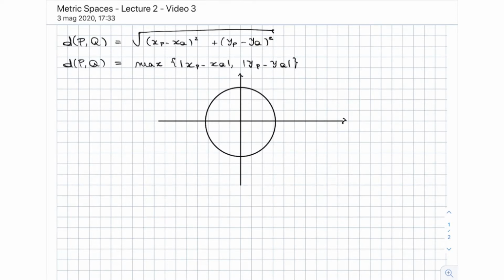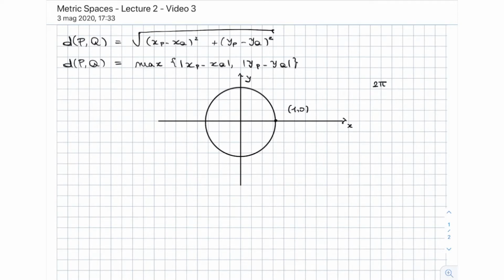So the point here is (1, 0), as this is the x-axis and this is the y-axis. And this is a circle of radius 1. We know that the circumference of this circle is given by 2 pi.